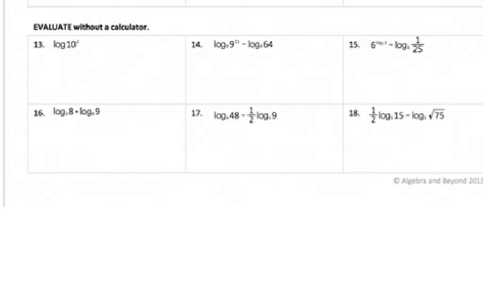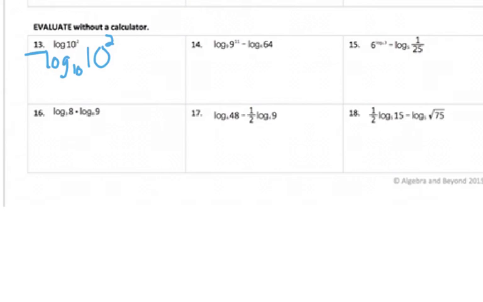So continuing with the bottom of the page examples, evaluate without a calculator. These are all numbers, okay? No more variables. Number 13, if you'll notice from the very beginning, this is log of 10 squared. Remember, a common log, even though it's not written, always has a base of 10.